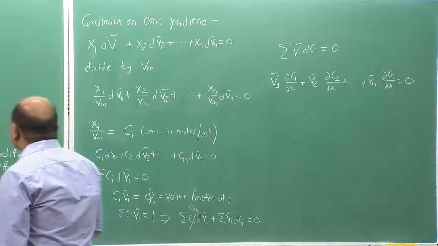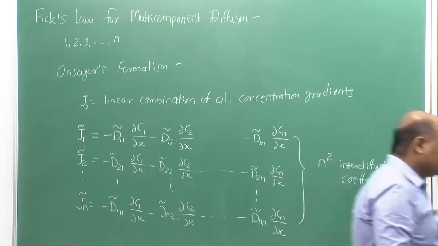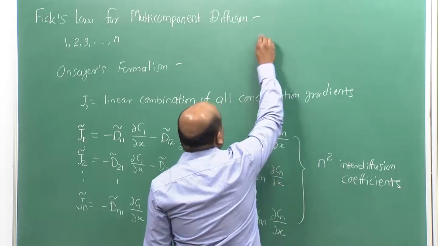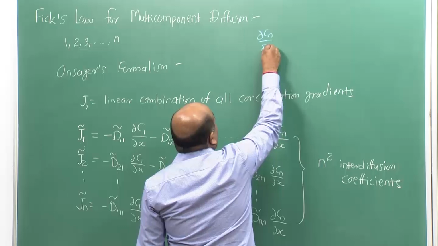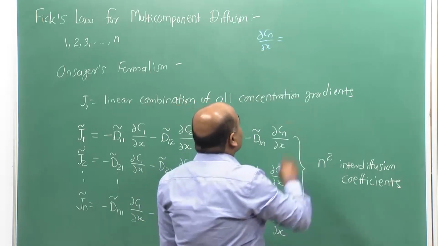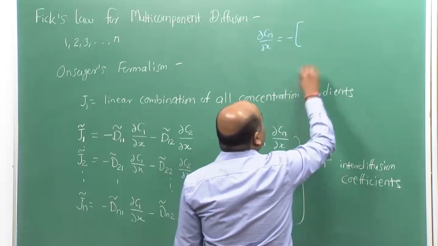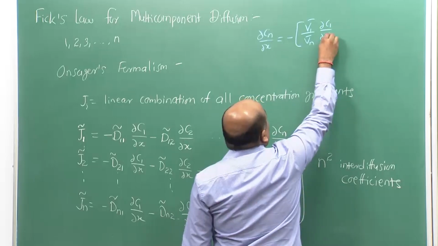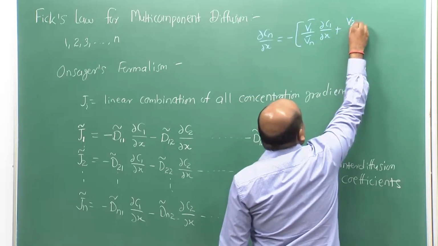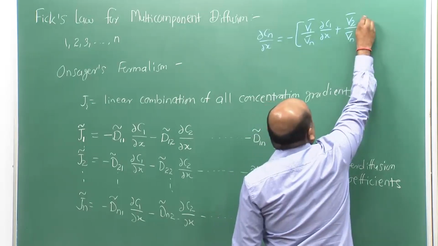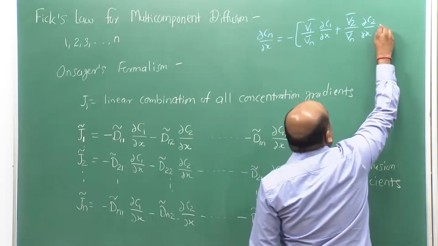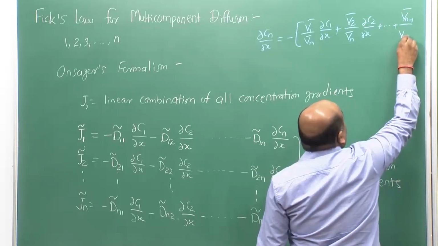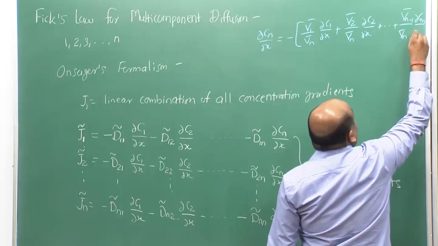So, we can write the constraint as dou Cn by dou x is equal to negative of V1 bar over Vn bar dou C1 by dou x plus V2 bar over Vn bar dou C2 by dou x up to the n minus 1 component, Vn minus 1 bar over Vn bar dou Cn minus 1 by dou x.